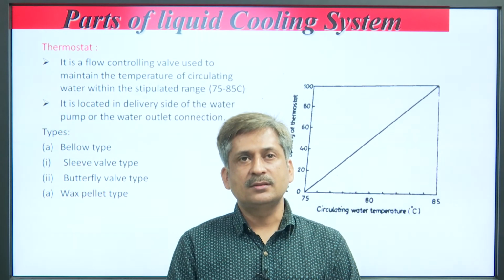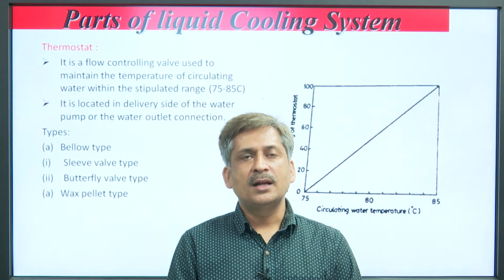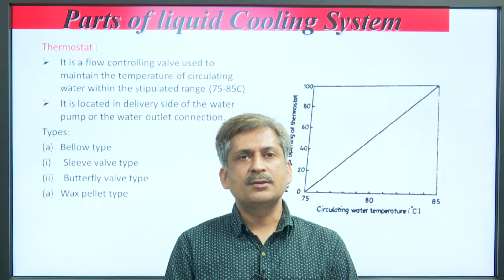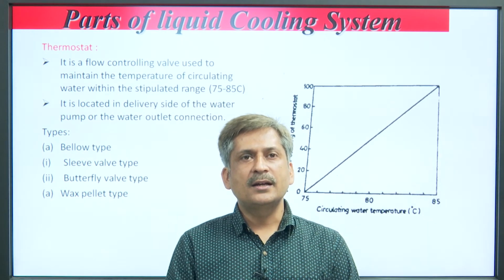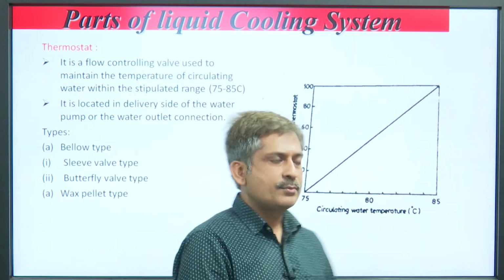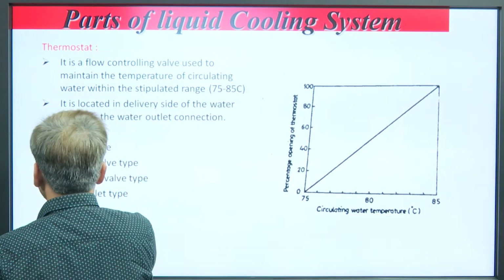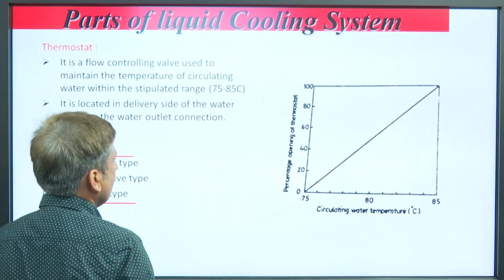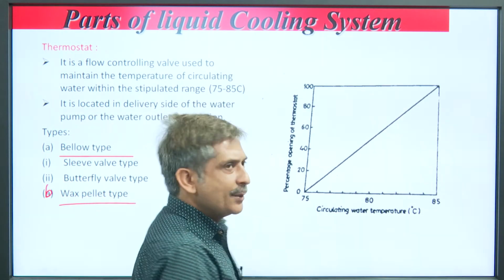As for the types, A is the bellows type, which is again divided into sleeve valve type, butterfly valve type, etc., and another one is B, the wax pellet type.